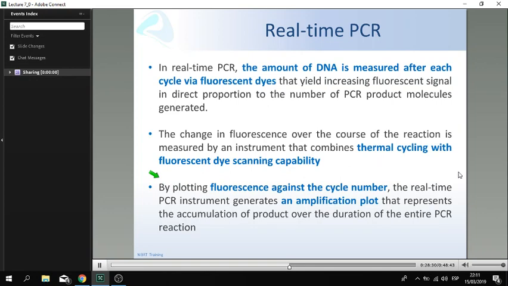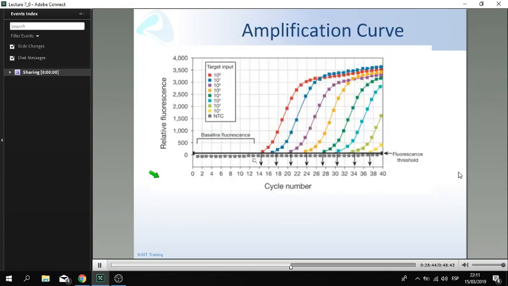And then we can plot fluorescence against cycle number, from cycle 1 to 40. Our PCR instrument generates an amplification plot that represents the accumulation of product over the PCR reaction. The amplification plot, or amplification curve, looks like this. On the x-axis is cycle number, from 0 to 40. On the y-axis we see relative fluorescence.